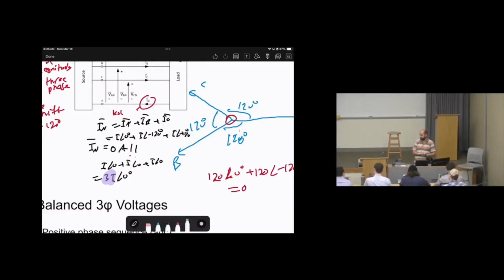So the neutral current will be very large, and the neutral conductor cannot handle it. Because 3 times the current will make the neutral heat, which is something that we don't want.